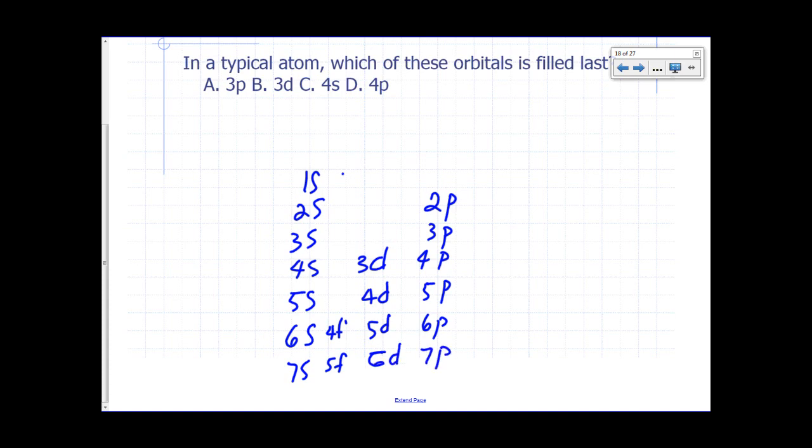So 3p is over here, 3d is over here, 4s is over here, and 4p is over here. So 4p is the orbital that would be filled last in a typical atom.